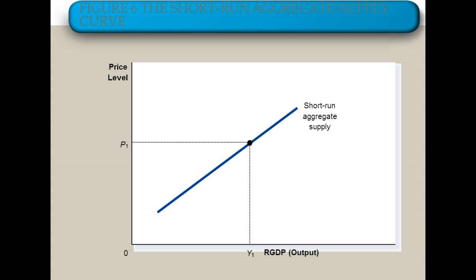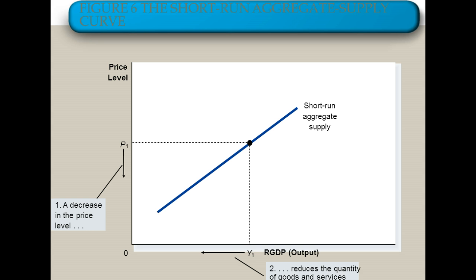Just like in microeconomics, we know that as prices decrease, the amount that suppliers are willing to produce, the amount in this case of RGDP they're willing to supply, will decrease. Okay, so as prices decrease, RGDP supplied decreases. And of course, the opposite's also true. In other words, if prices are lower, producers are willing to produce less.